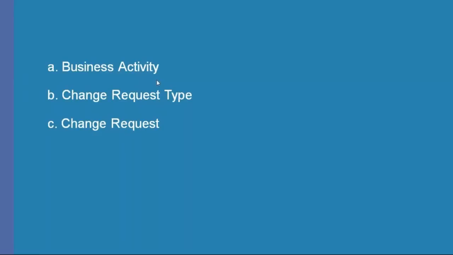So ultimately, business activity is the soul of the field, or the soul of the whole process. Change request type is just an outer layer of it, and what we ultimately see is the change request.